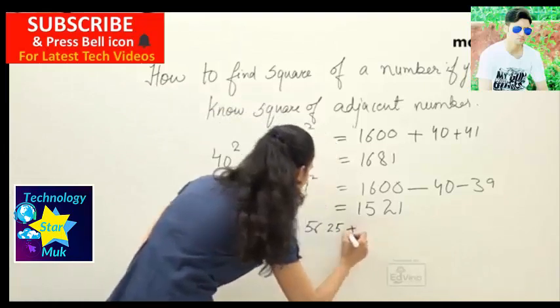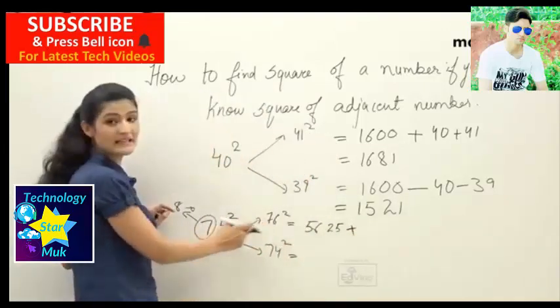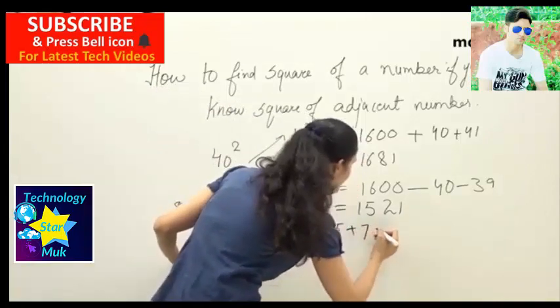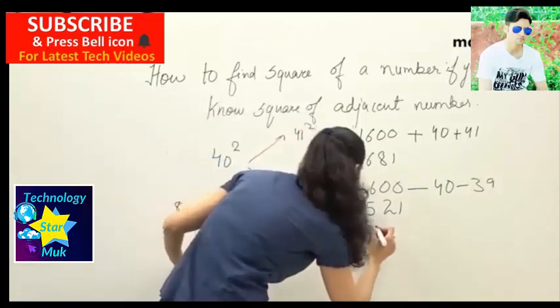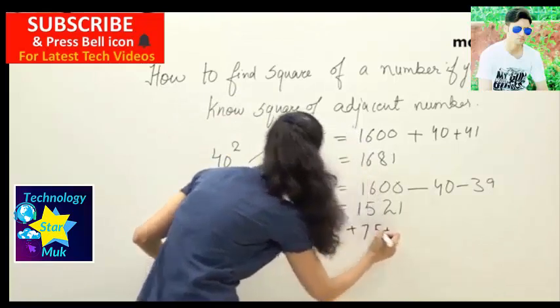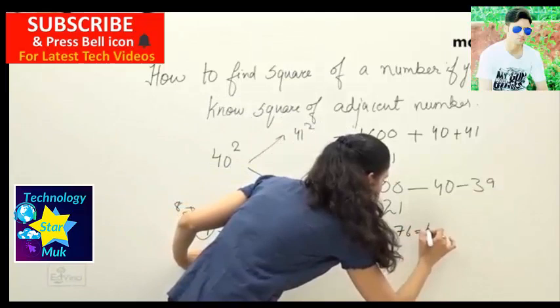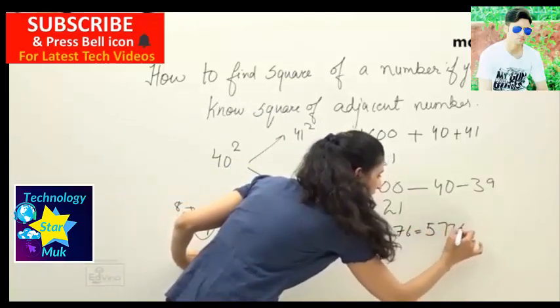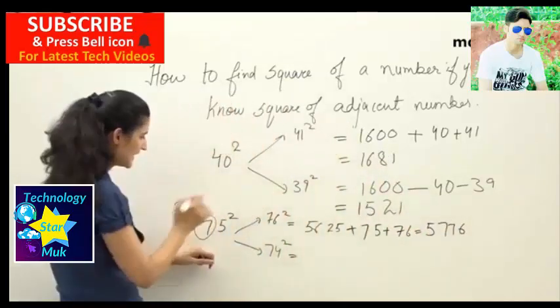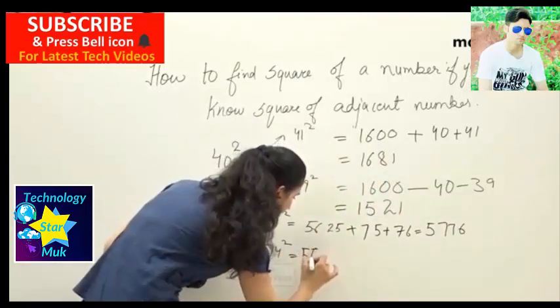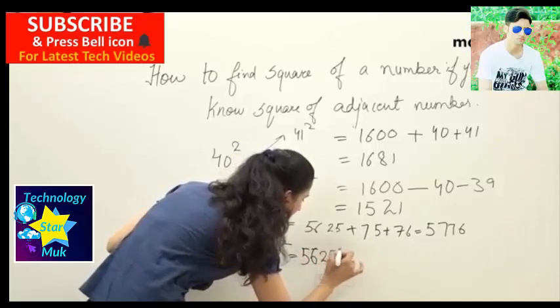Now since 76 square is greater than 75 square, we have to add 75, which is the adjacent number, and 76, the number itself. And the answer is 5776. Now 74 square: we know the answer for 75 square is 5625.